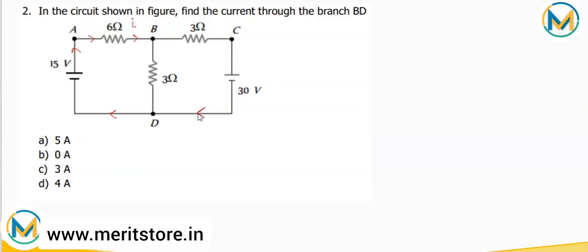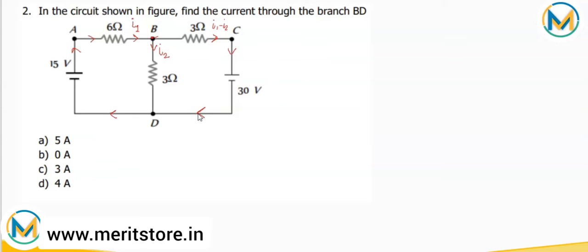This is I1. Now from this point B, it splits up. For this 3 ohm, it is I2, and here it is I1 minus I2 flowing in this direction.